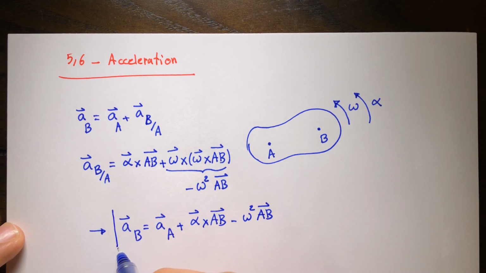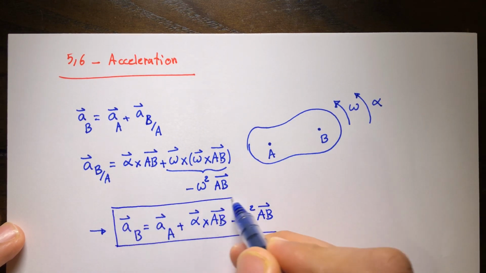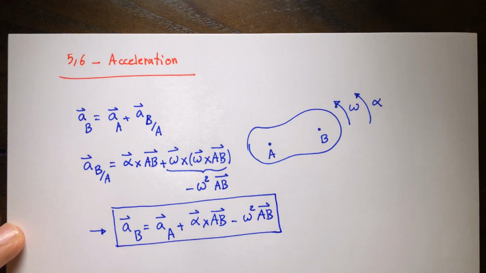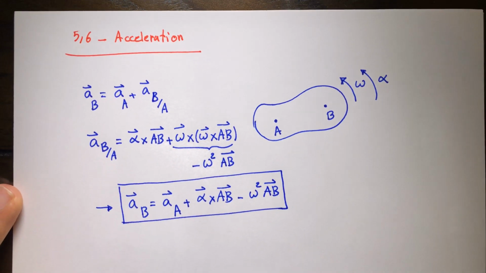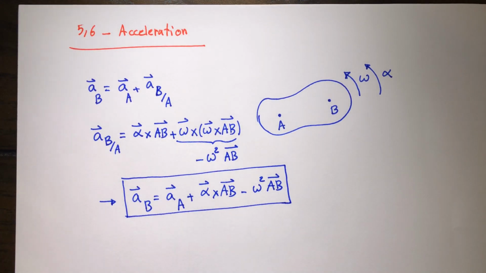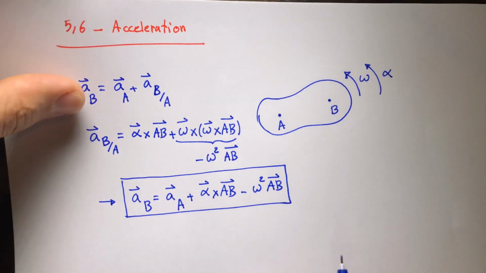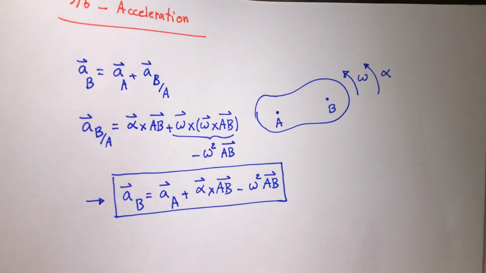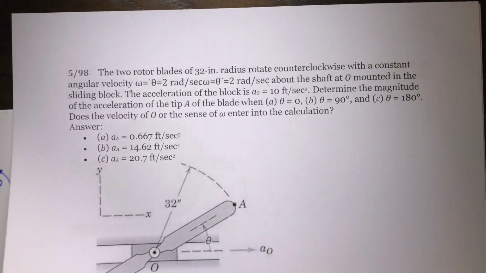So this is the relative acceleration between 2 points on a rigid body. Why this is useful, you're going to see in a lot of examples that we can analyze accelerations of different points on the rigid body using this equation.